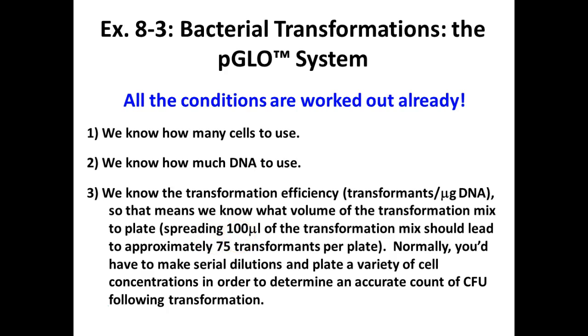Just like when we did dilution, plating and counting, you could essentially go back and count how many cells transformed on that plate and figure out the efficiency. We should get about 75 transformants, so 75 little colonies, on each plate by plating 100 microliters of our solution. So everything is measured out for this experiment so that it works.